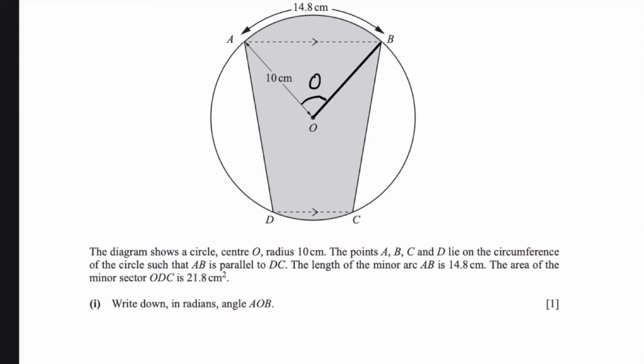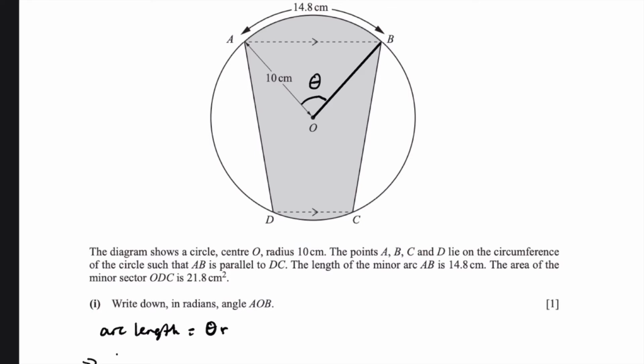It's called theta. So as we know, we have the arc length and we have the radius. We know that the arc length is equal to theta r. So obviously you need the angle for that. And we can just substitute and solve for theta.